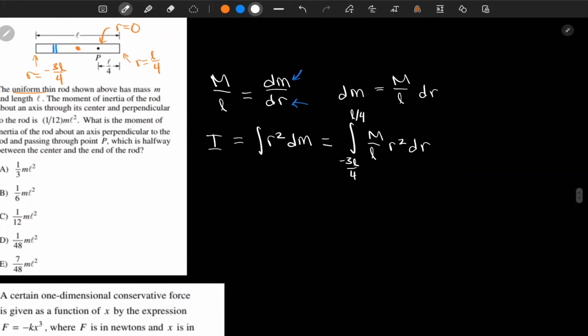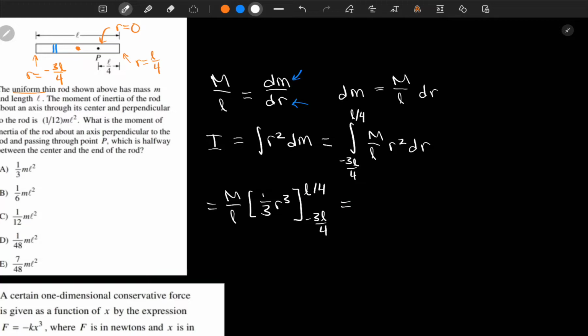Then, doing this integration, we can pull out the m and L as constants. So this is equal to m over L times 1 over 3 r cubed, evaluated at negative 3L over 4 and L over 4.